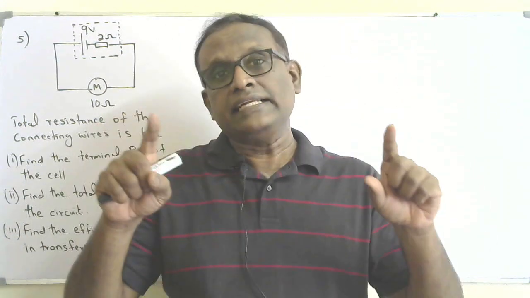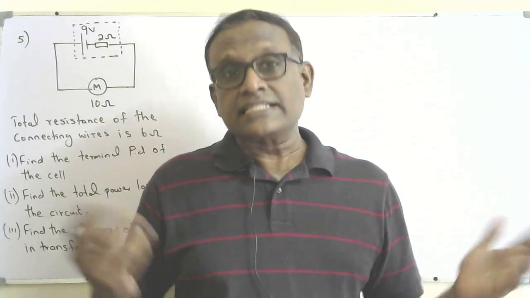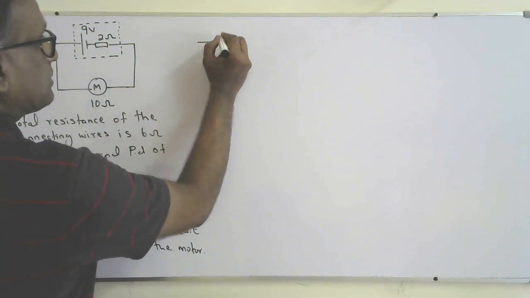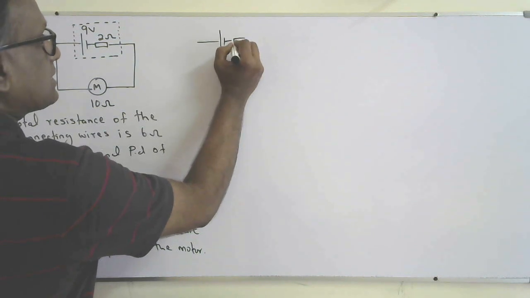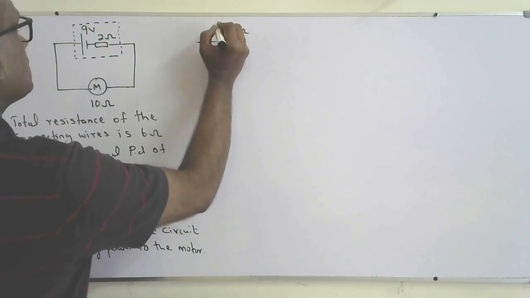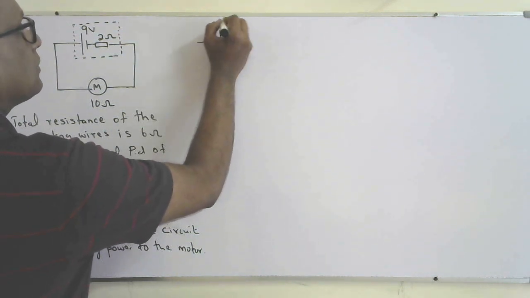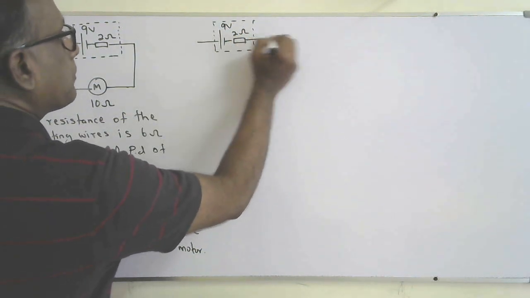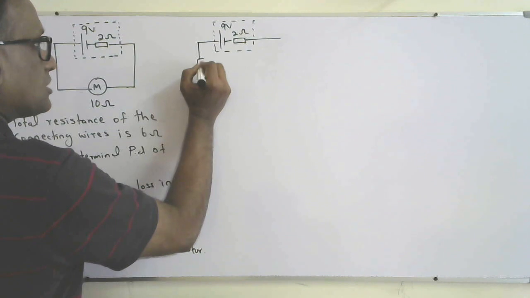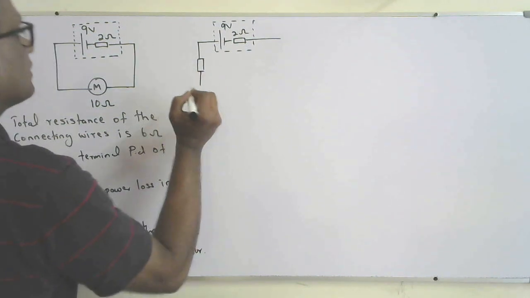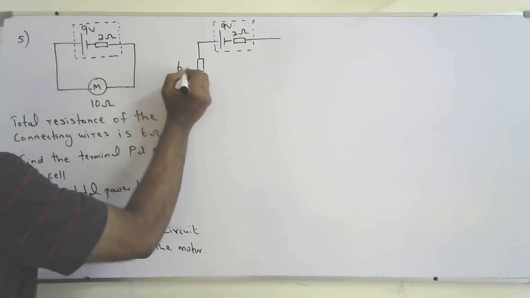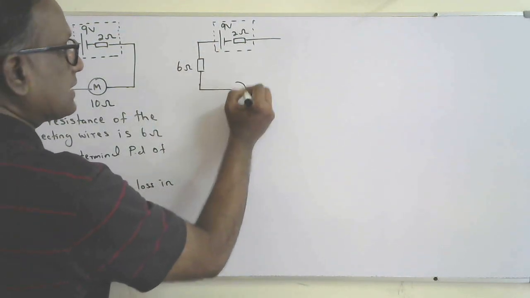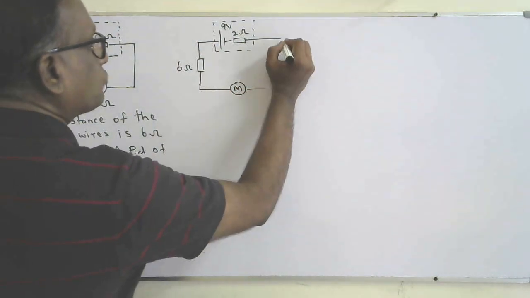Then I can imagine the wires as resistanceless wires. This is 2 ohms, 9 volt. And you can show the resistance of the wires as a resistor like 6 ohms. Then imagine these wires have no resistance. Easy to handle this type of questions.